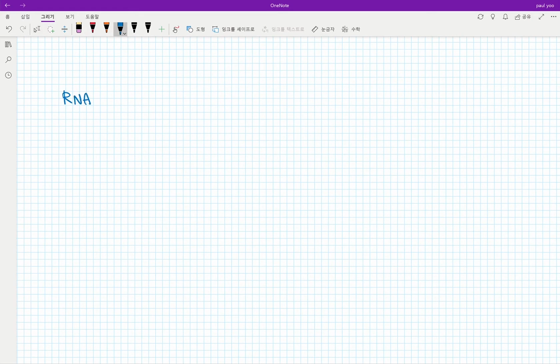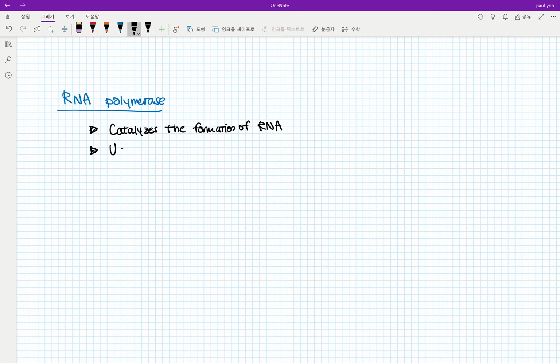RNA polymerase. One, RNA polymerase catalyzes the formation of RNA. Two, it uses one strand of DNA as a template.